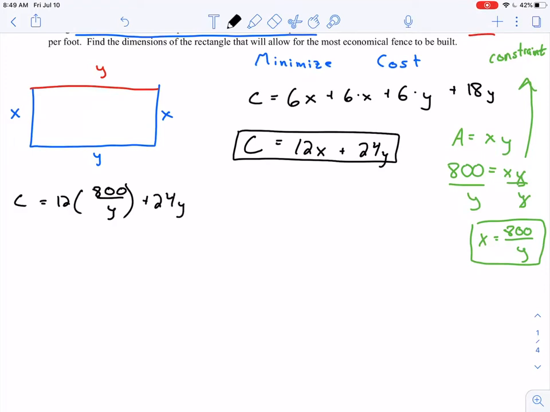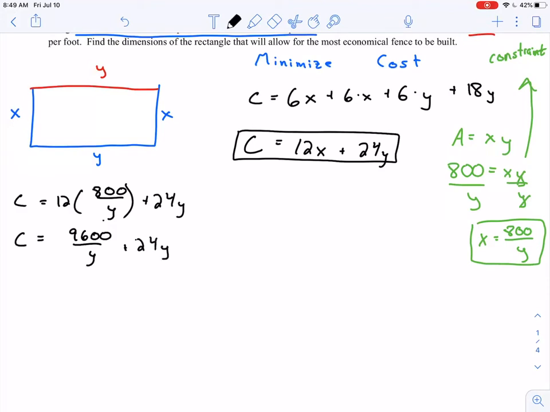Here I'll simplify this before I take the derivative. If I take 12 times 800, I should have 9600 over y plus 24y.